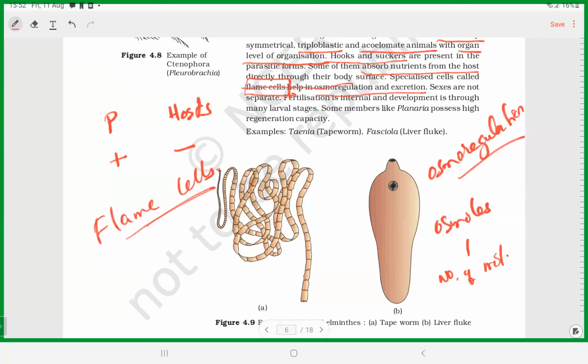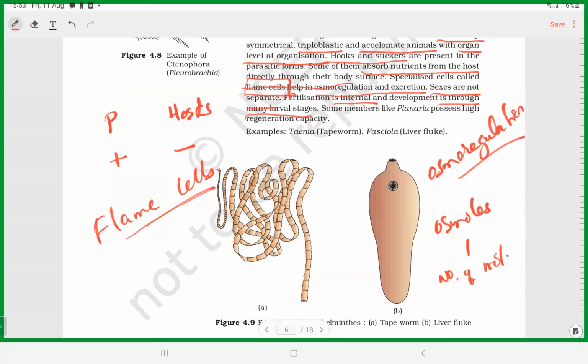And now, as we know here also, the sexes are not separate. Then what term do they use if the sexes are not separate? Hermaphrodites. Okay, and the fertilization is internal. That's very important. The fertilization is internal, and development is indirect. Why is it called indirect? Because there are larval stages in between.